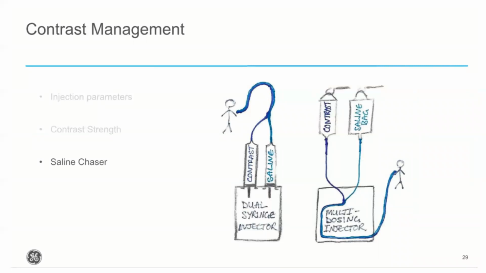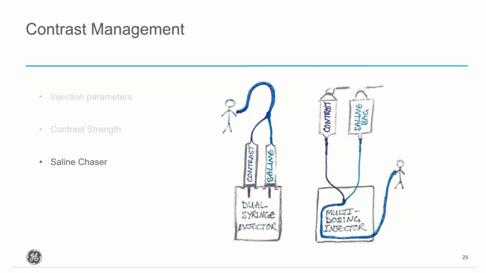Talking about saline chaser. A lot of sites also use a saline chaser and it can be very useful. This has become more popular as injector technology has seen the advantage of multi-dosing injector systems.